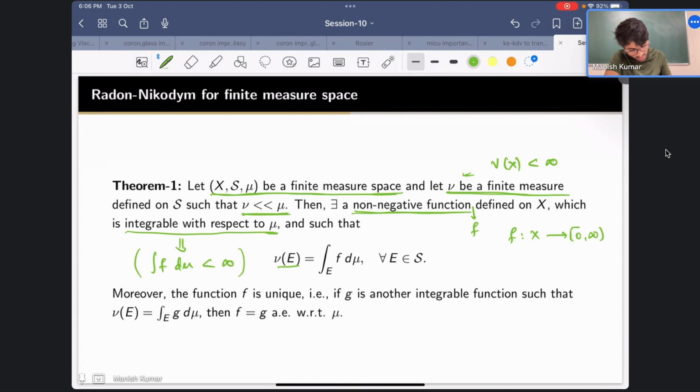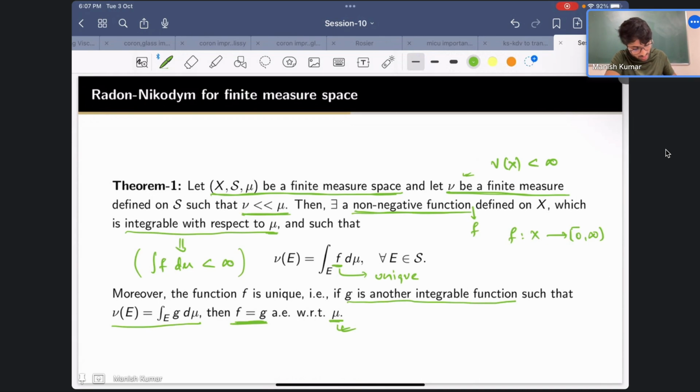This was the first theorem, and it says that this f will be unique. Unique means that there could be another function which is almost everywhere the same as f. If g is another integrable function such that this happens, then f and g are actually the same almost everywhere with respect to mu, the measure with which we are considering the integral.